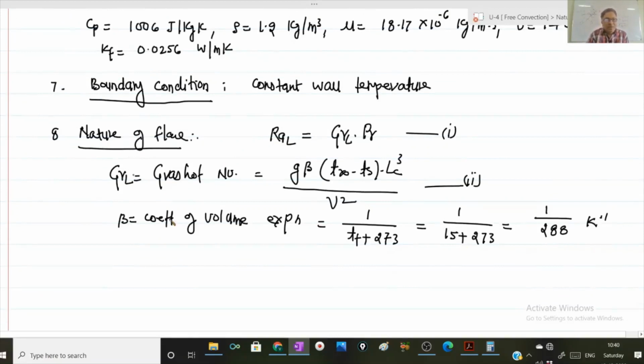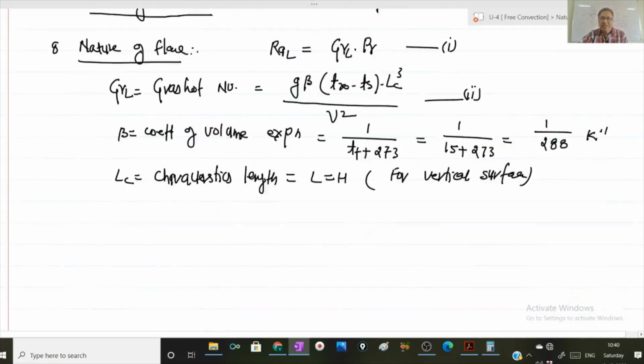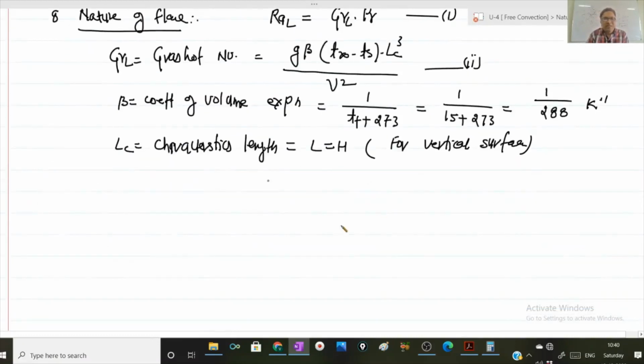Then L_C is characteristic length. It is also called significant length, and this will be L or height for vertical surface. The characteristic length for vertical surface is considered as its height, which is given as 1 meter in our case.